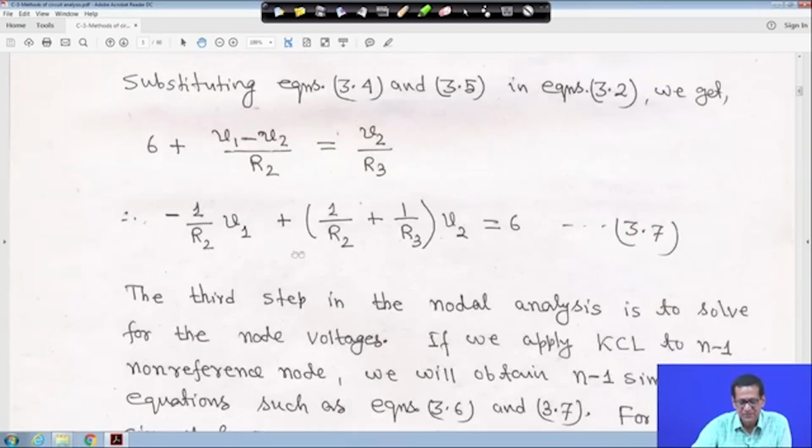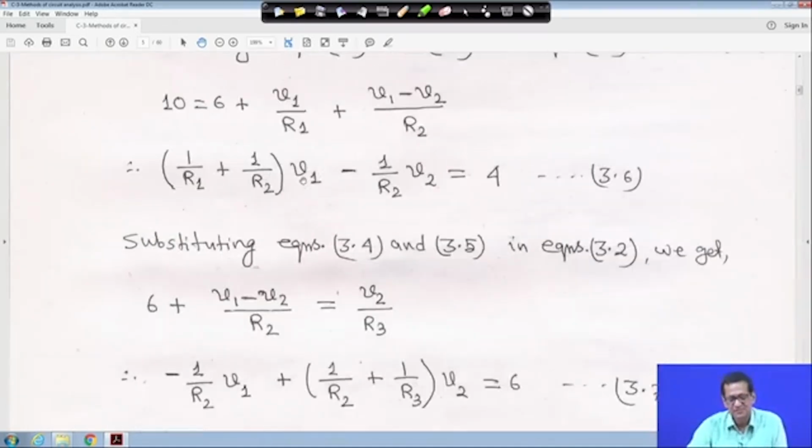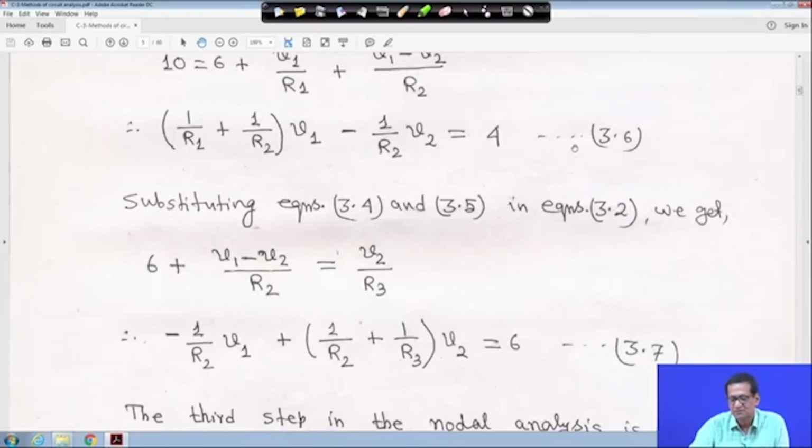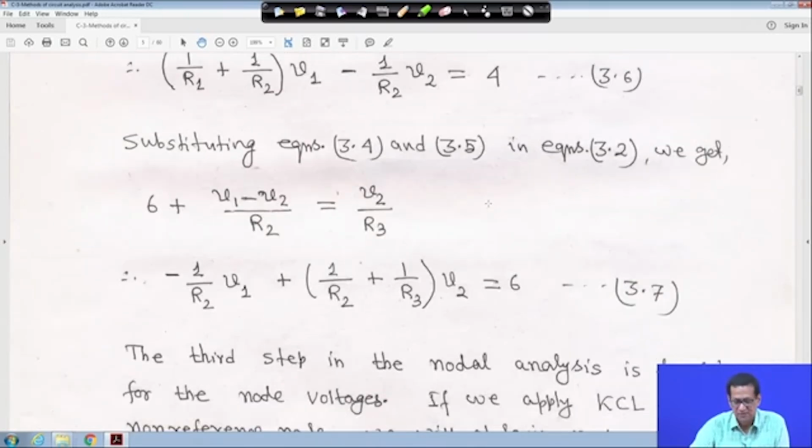Now, you simplify, you will get minus 1 upon R2 into V1 plus 1 upon R2 plus 1 upon R3 into V2 is equal to 6. So, this equation is a function of V1 and V2, and this also is a function of V1 and V2. You can easily solve equations 3.6 and 3.7 for V1 and V2.